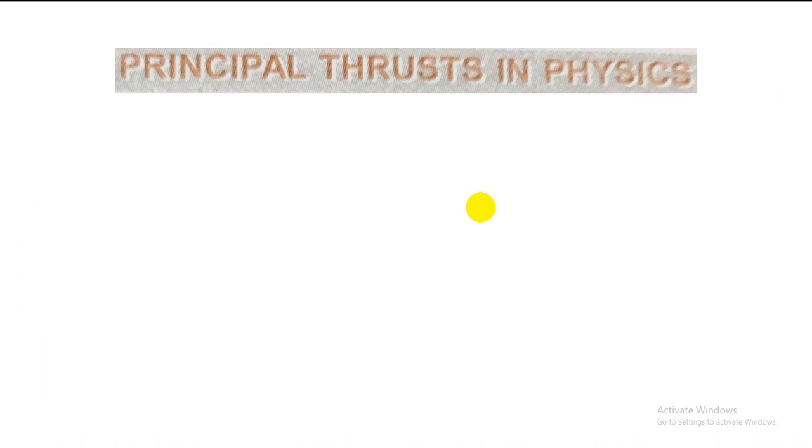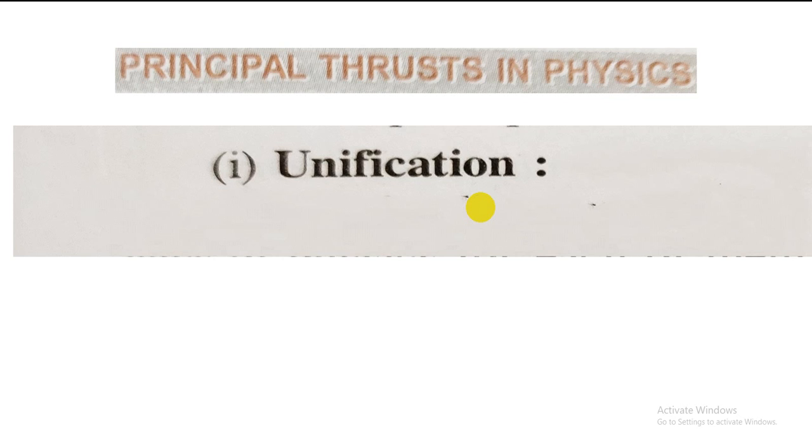Now we move to the next part. Here, the principal concept or principal basis on which physics depends. We call it principal thrust in physics. Actually, when we study physics, there are two important things which we should always remember. The first point is unification.